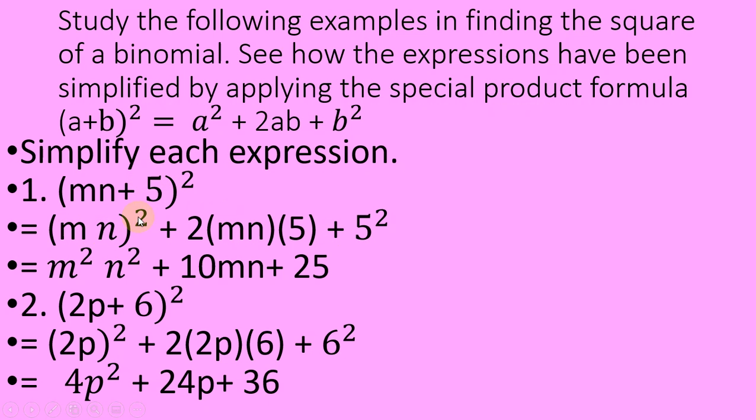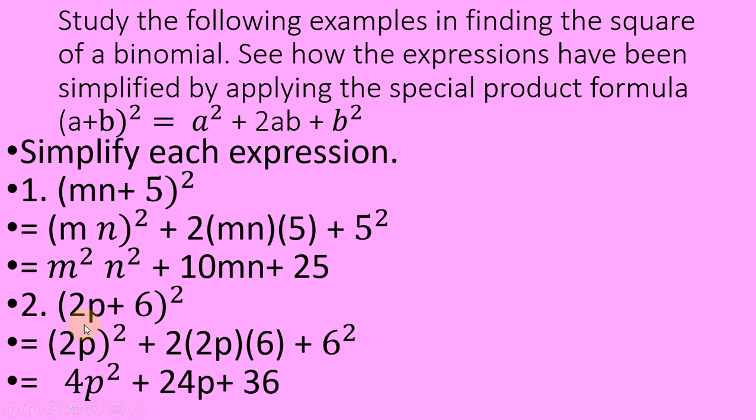So mn squared, we have m squared n squared. Then 2mn times 5, we have 10mn, and then 5 times 5, we have 25. So the answer is m squared n squared plus 10mn plus 25.